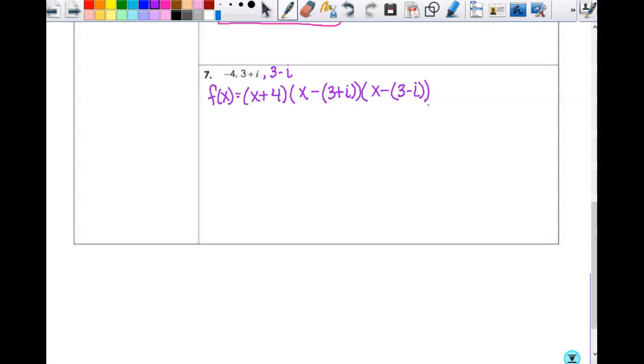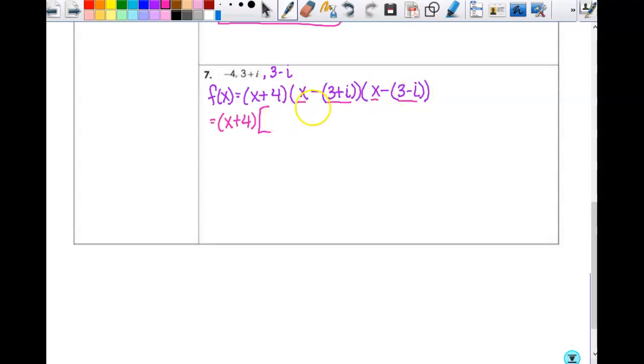All right, so just like we did on the other one, we're going to go ahead and multiply. I'm not distributing that negative sign at this point. That just makes everything way more difficult. I want to look at this as 2 terms and 2 terms. I don't want to look at it as 3 terms. So this x plus 4 is just going to hang out. Then I'm going to multiply x times each one of these.